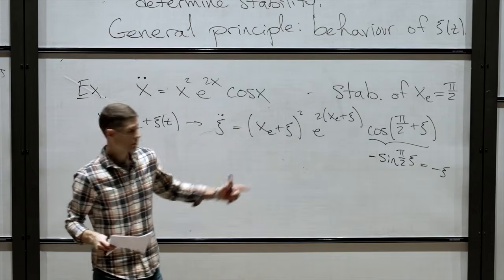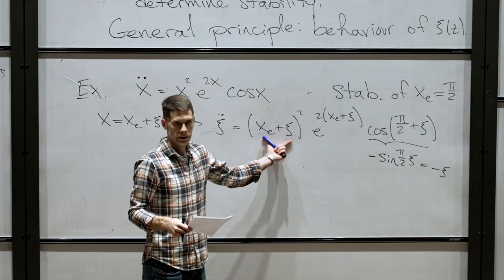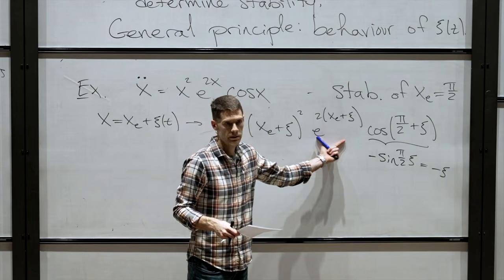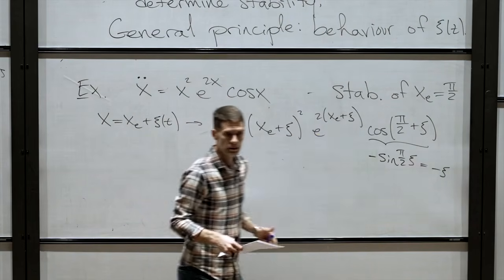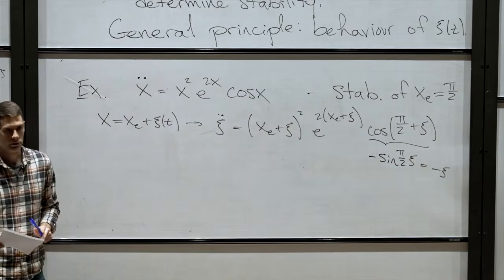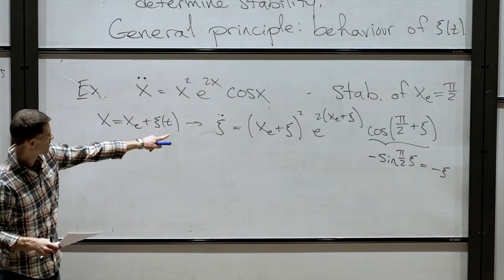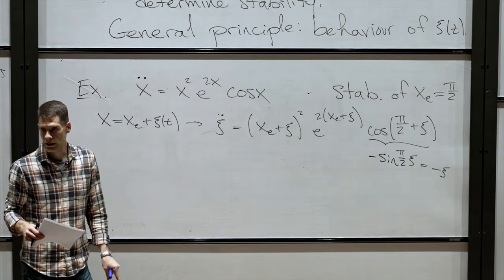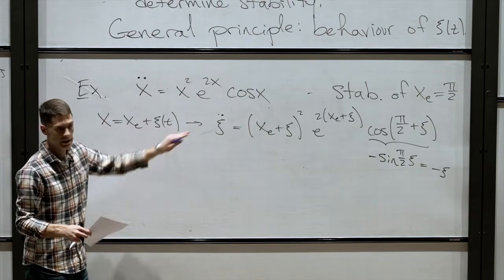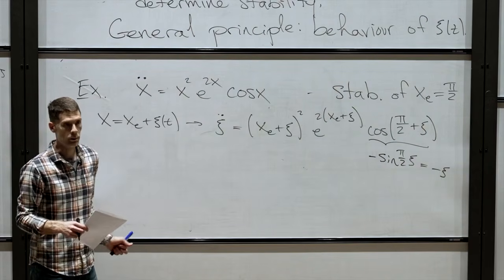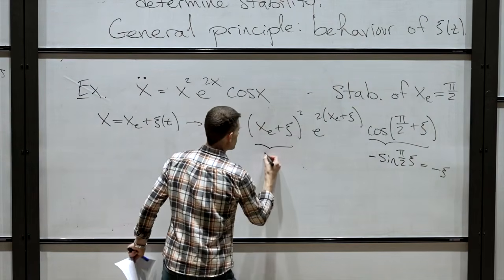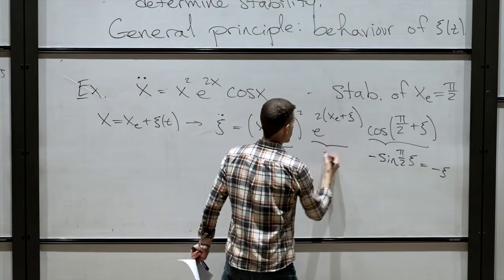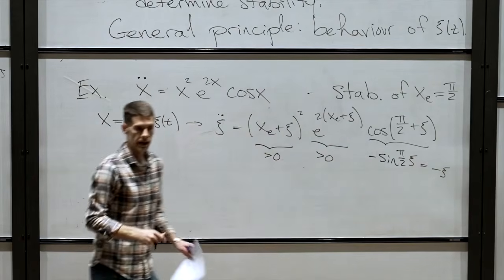So I've kind of cooked this problem. I don't care about doing anything with this term because it's positive. Same kind of argument: I don't need to do anything with that term because it's positive. And that term is negative. So right away, without doing any f derivative calculation, that single expansion tells me that psi double dot equals negative something times psi, which means psi is sines and cosines, which means it's stable. So this is positive, that's positive, that's negative. Psi stable.